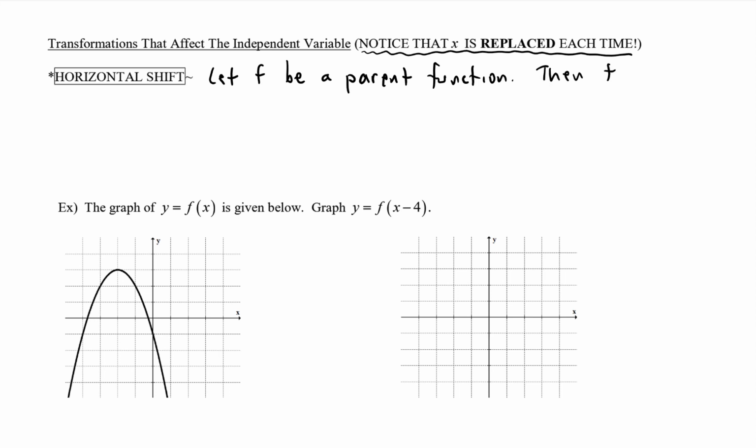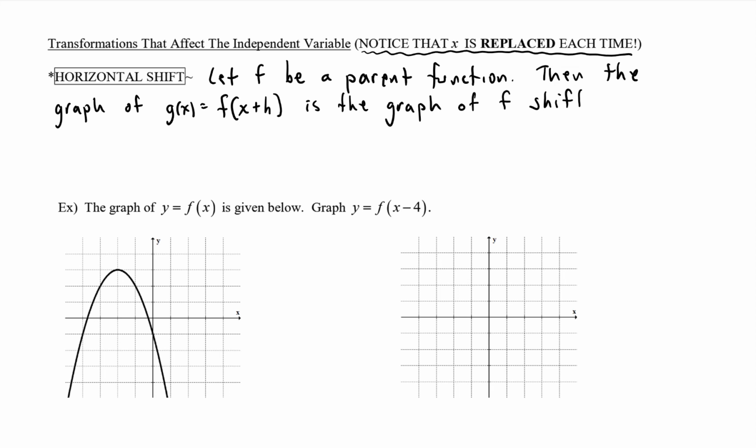Then the graph of g, which we're going to define as f of x plus h, where h is a constant, is the graph of f shifted left if h is positive, and shifted right if h is negative.